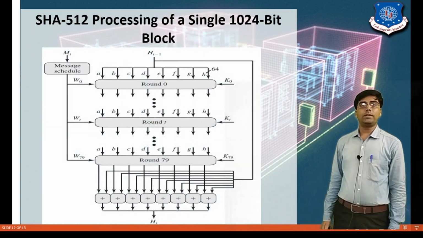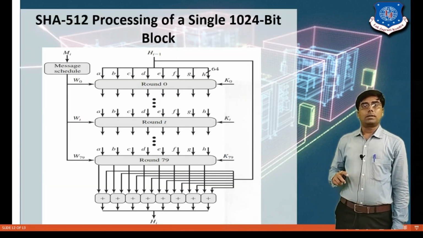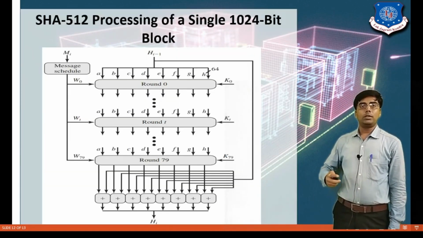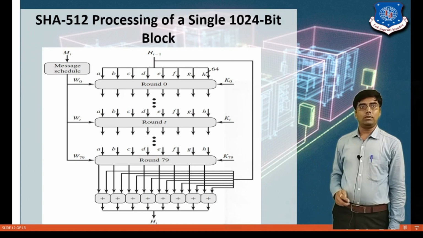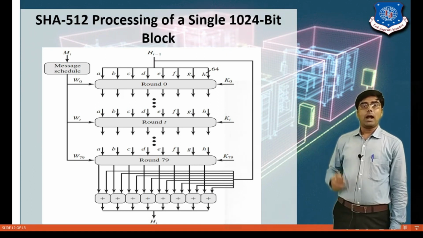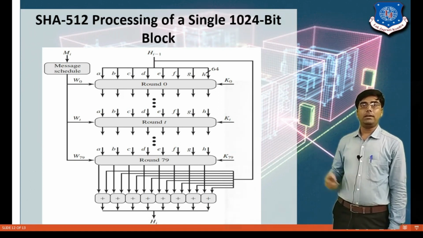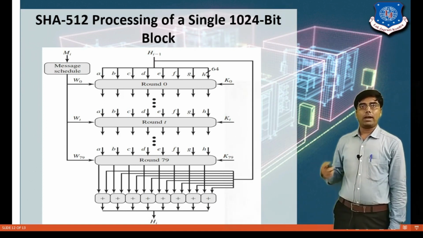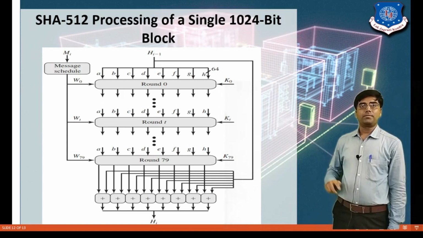The next, processing of a single 1024-bit block. Round 1 up to round 79, like this. After completion of 79 rounds, the initialization vector will be applied.